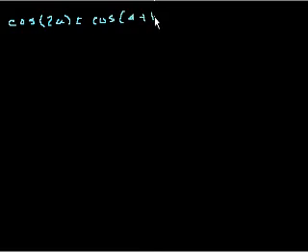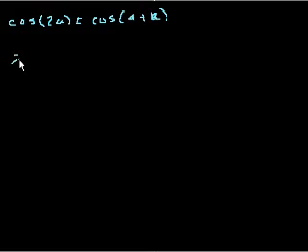For example, let's do cosine of 2a. Cosine of 2a is equal to cosine of a plus a. Right? And cosine of a plus a, what did we say? It's the cosine of both of the terms times each other minus the sine of both of the terms.